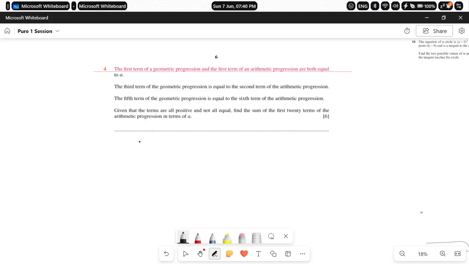General form of a GP is just A r raised to n minus 1, and general form of an AP is just A plus n minus 1 d, right? Now the third term of the GP would be AR squared, and AR squared is equal to the second term of the AP. So when n is equal to 2, you just get A plus d.